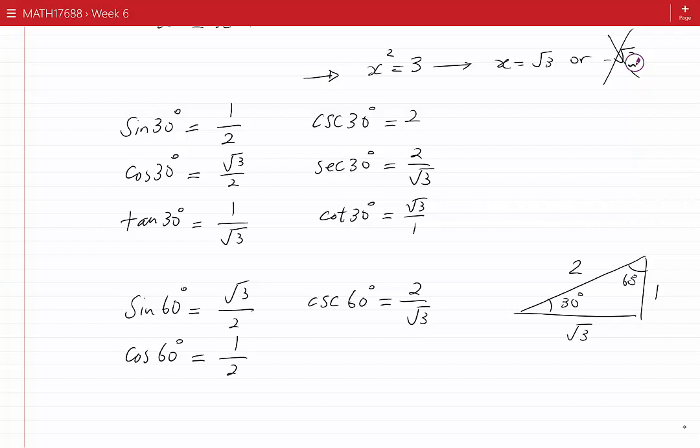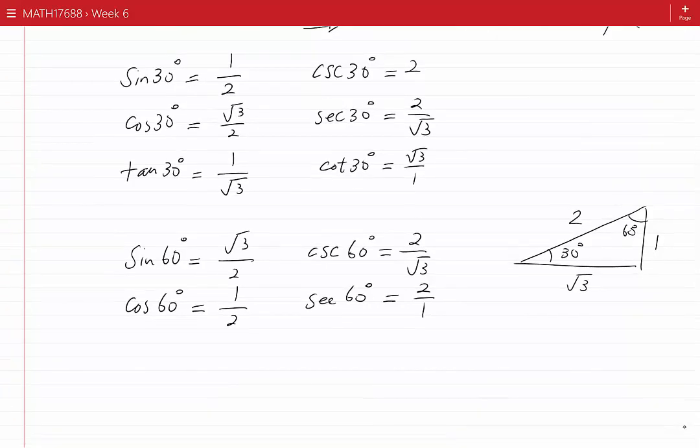Secant of 60 degrees therefore is 2/1, because secant is the reciprocal of cosine, and tangent of 60 degrees is the opposite to 60 degrees divided by the adjacent to 60 degrees. And cotangent of 60 degrees, which is the reciprocal of tangent of 60 degrees, would be 1/√3.